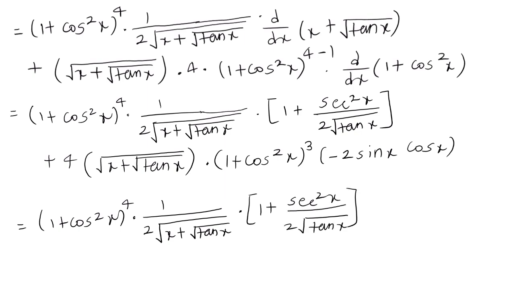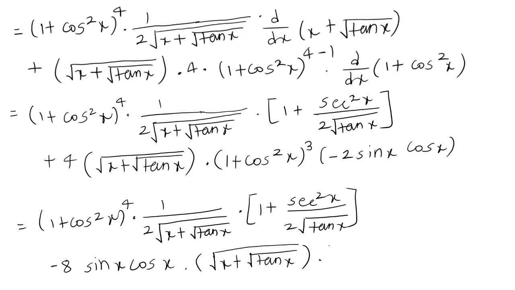We can multiply constants, that is 4 into 2 is 8, and here we have negative sign, so it will be minus 8 sin x cos x, then we have root of x plus root tan x into (1 plus cos square x) raised to 3. So this is our final answer.